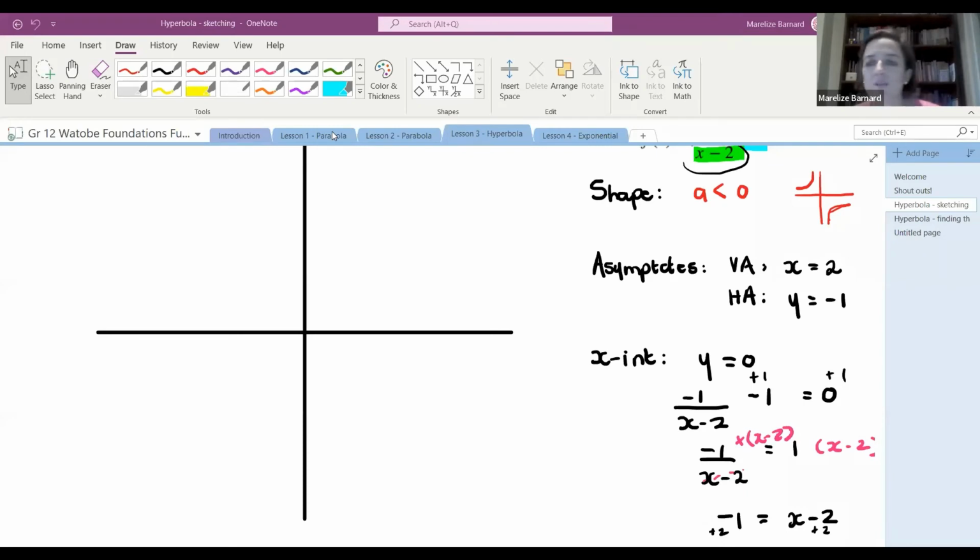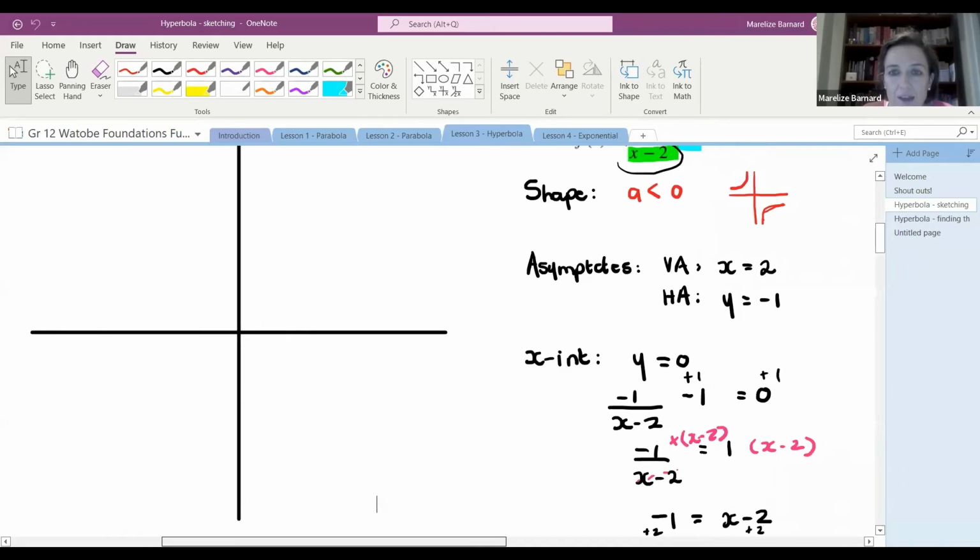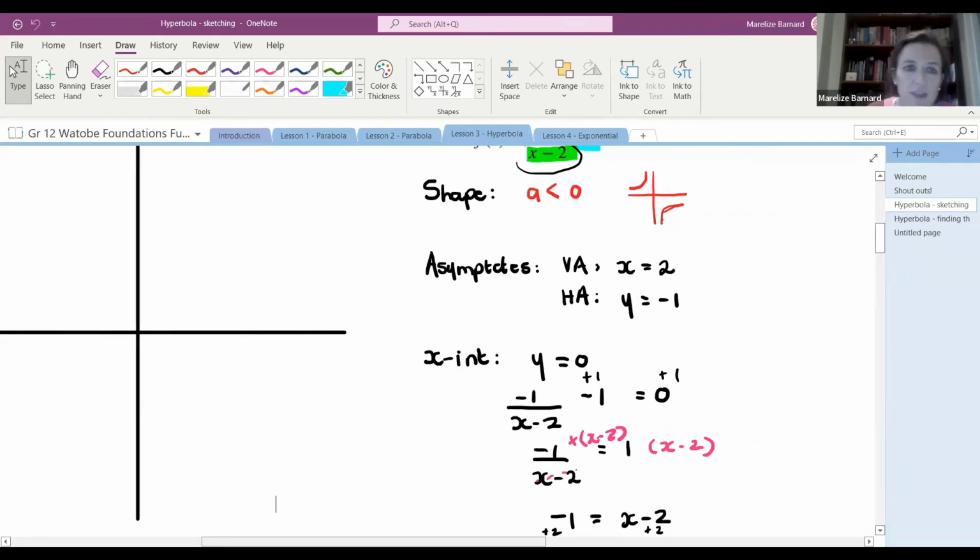Right, I wonder how everyone's doing with their graph. I'm going to start and put in the asymptotes. So we've got a vertical asymptote where x is equal to 2. Remember to make a dotted line with a ruler. Please use a ruler when you draw your graphs.